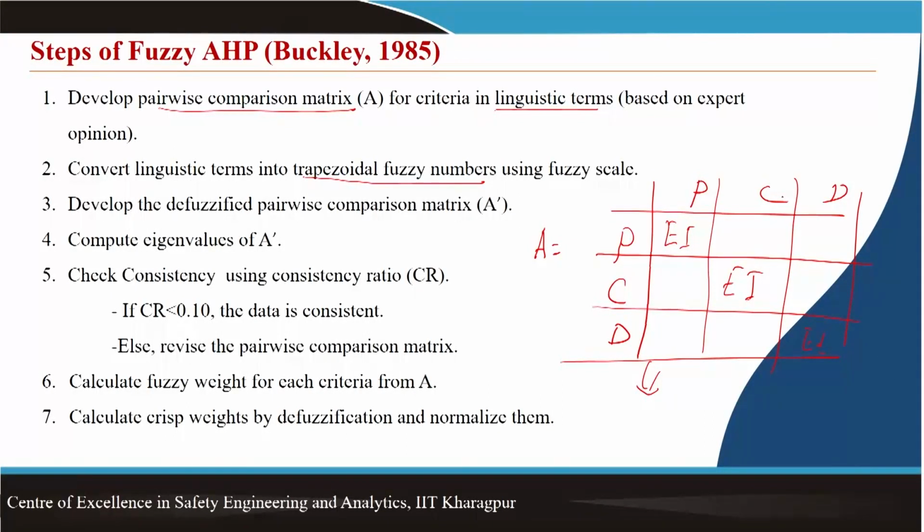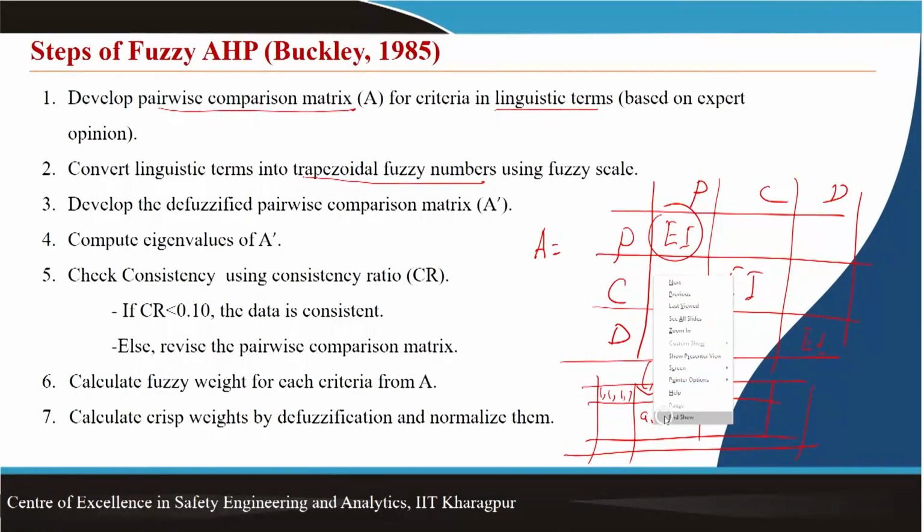Suppose P with reference to D is somewhat more important; I will show you the exact scale. From there you convert all of these, so that if it is equally important, all four numbers will be 1 only.